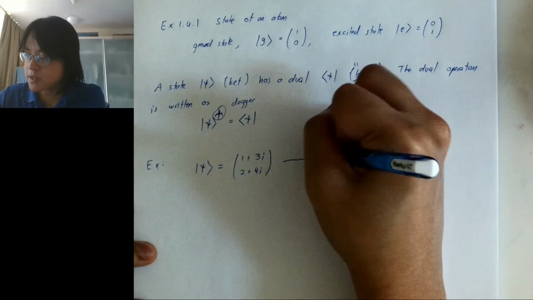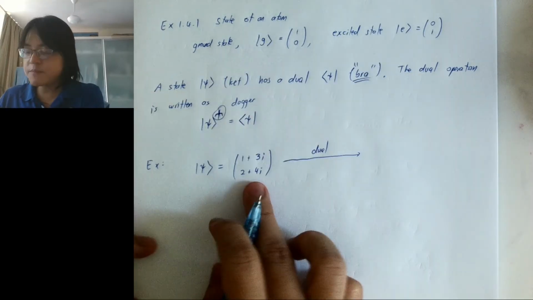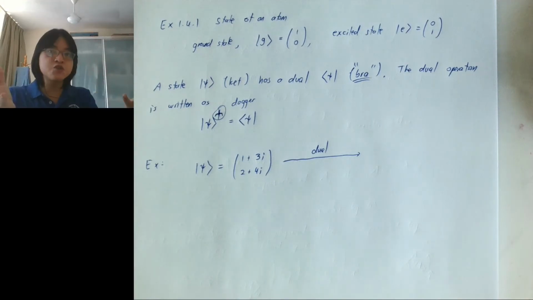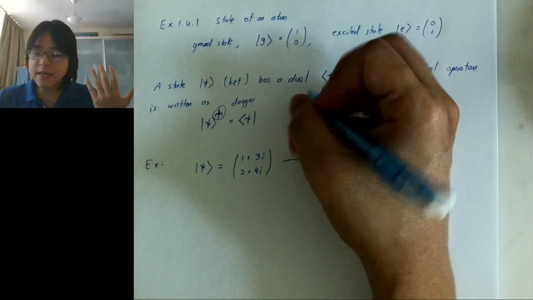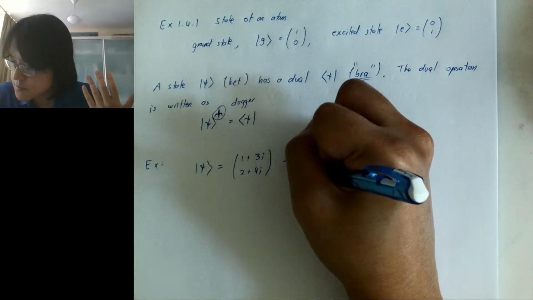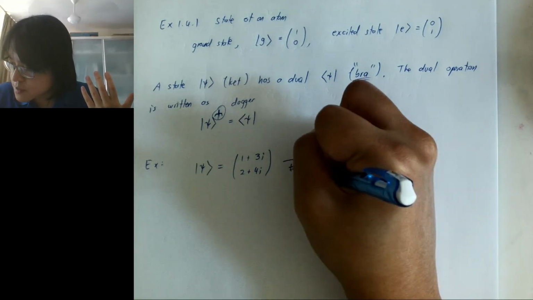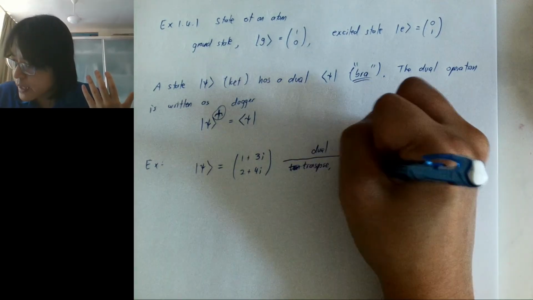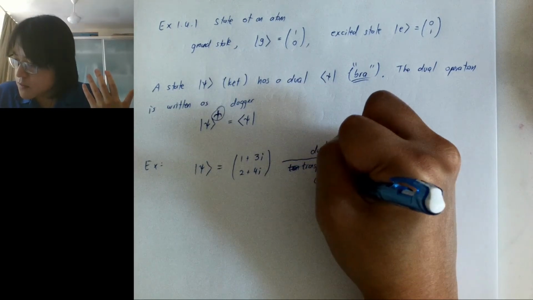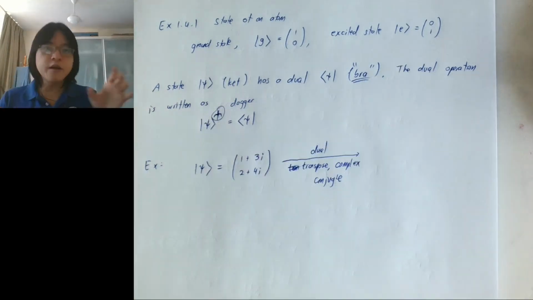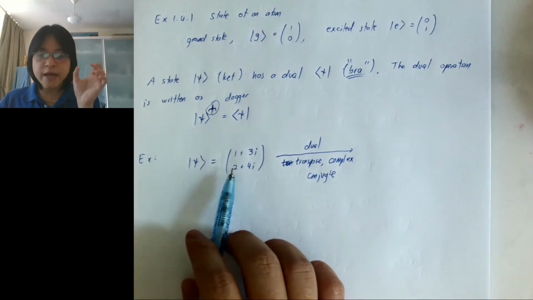So the dual operation means you take the transpose, just like in R2 and R3, but now we have complex numbers, so you need to do something extra. It's transpose, and also complex conjugate. After transpose, you're not finished, you need to complex conjugate everything inside.